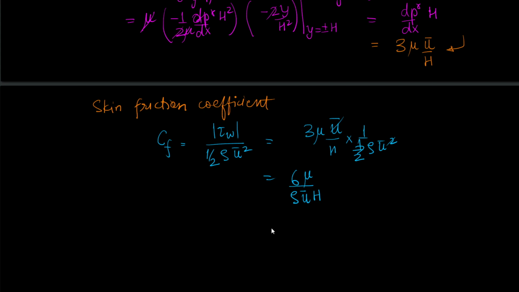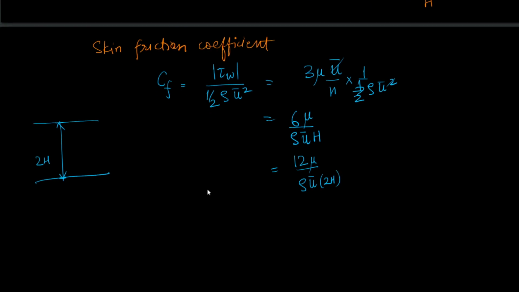We can write it in terms of the characteristic height. The characteristic height of the channel is 2h. So the channel height, the distance between the two parallel plates, is 2h. So this becomes 12 mu upon rho u bar 2h.